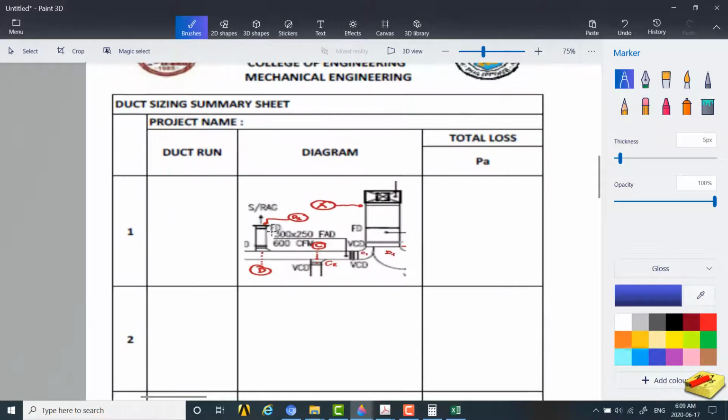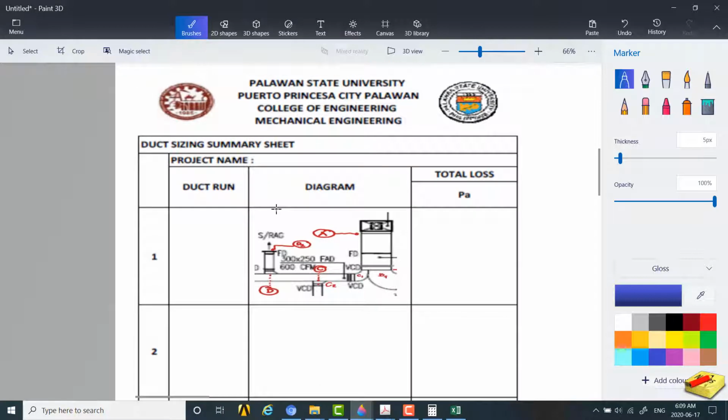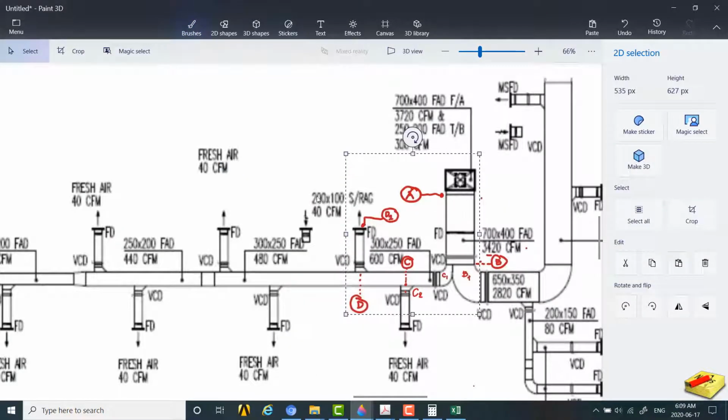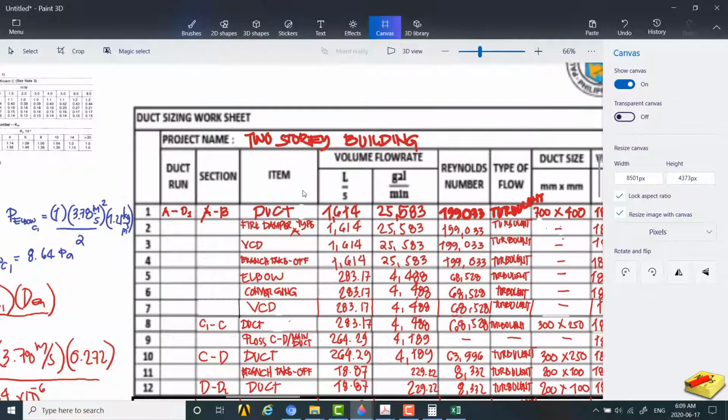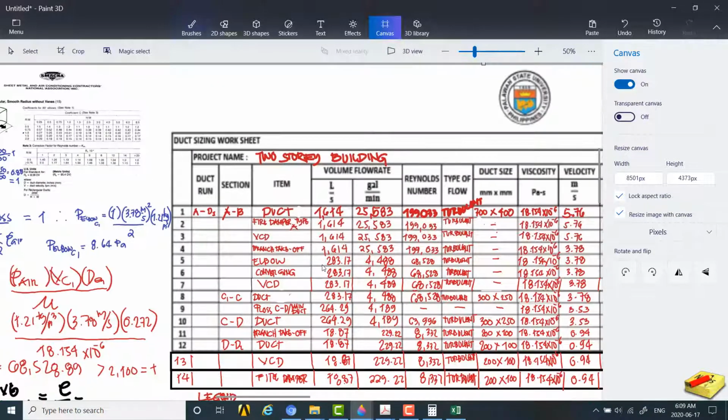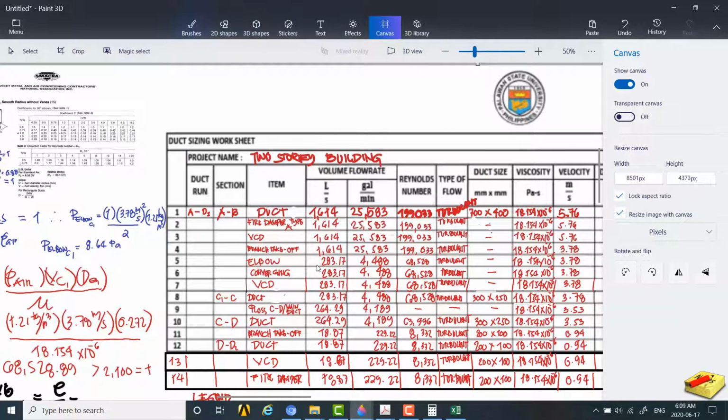So what I have here now is the sizing summary sheet. Since nakuha na natin yung isang part na yan, we have the summary ng system na yan. We have your duct run, from our previous worksheet, that will be A-D1.